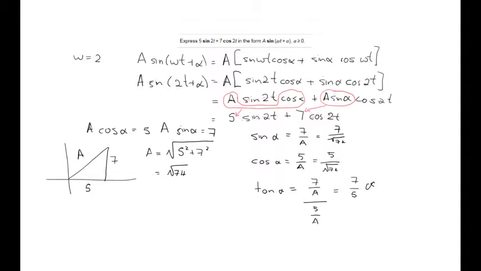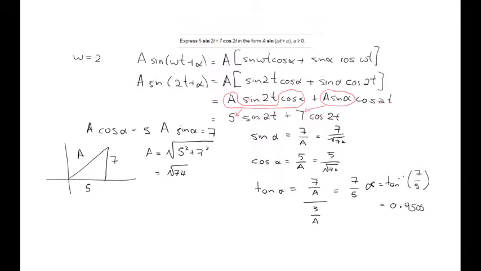Alpha then is equal to the inverse tan of 7 over 5, and in radians, because we're in terms of t, alpha is then equal to 0.9505 if we've gone to 4 dp.